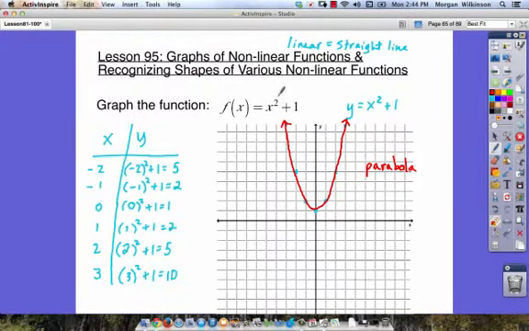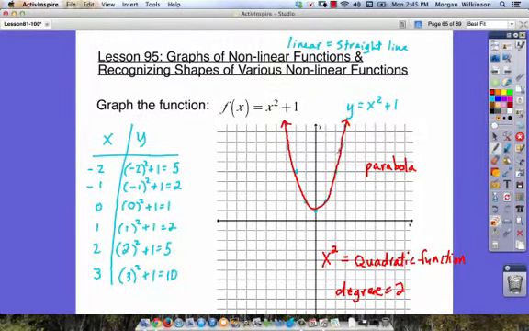This type of function, when we have x to the second power, our degree equals 2, is called a quadratic function. For any quadratic function, our degree always equals 2. And remember, the degree is your biggest exponent within the equation or the function.